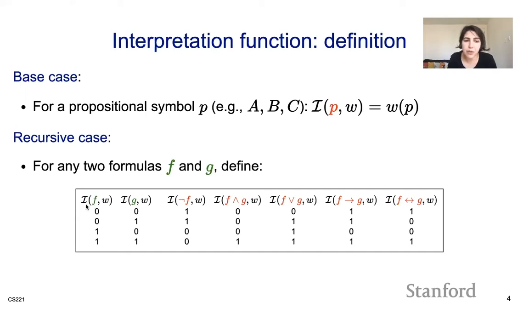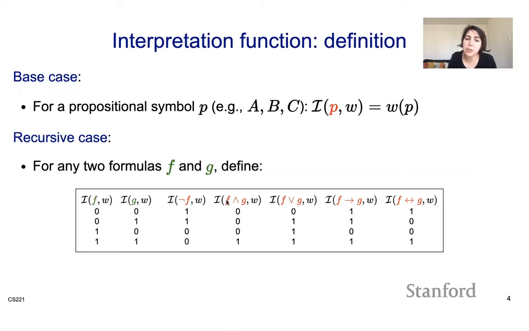The interpretation function of F and W could take value 0 or 1, and the interpretation function of G and W could take value 0 or 1. For any of the other logical connectives, I can recursively define them. What would be the interpretation function of negation of F and W? It would negate this column, so it would be 1, 1, 0, 0.